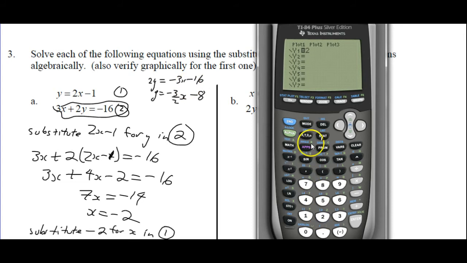So in y1, we're going to graph 2x minus 1. And in y2, it'll be negative 3 halves x minus 8. And let's hit graph.